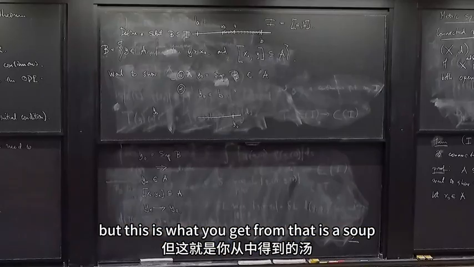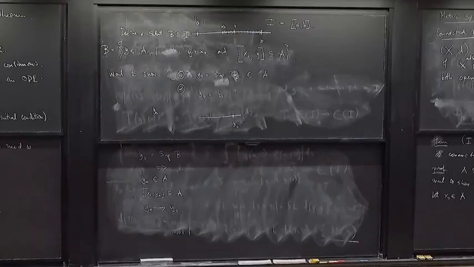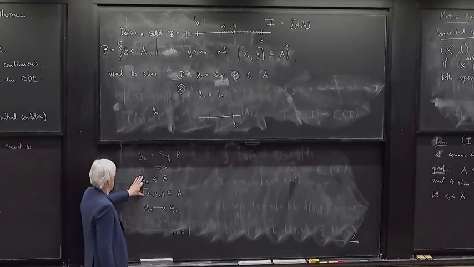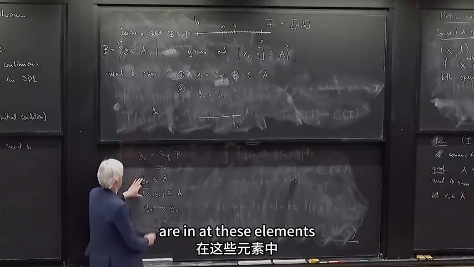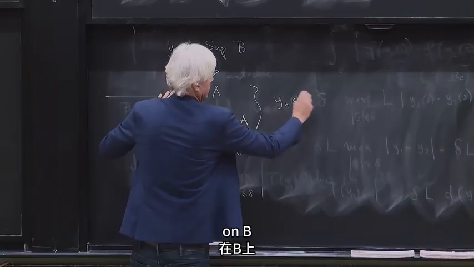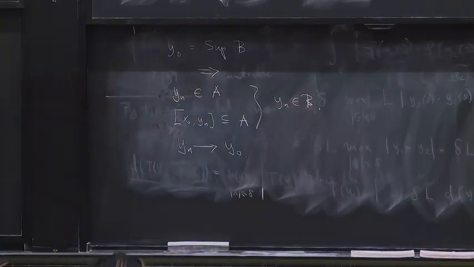Right? This is what you get from that is a sup. So this here is just that the yn are in B. Okay.